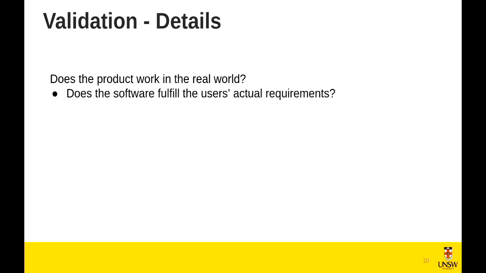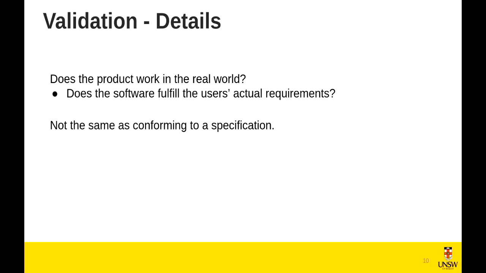And here are some more details about validation. Validation deals with: does the product work in the real world? Does the software fulfill the user's actual requirements? It's not the same as conforming to a specification.